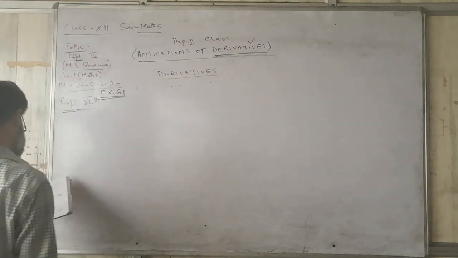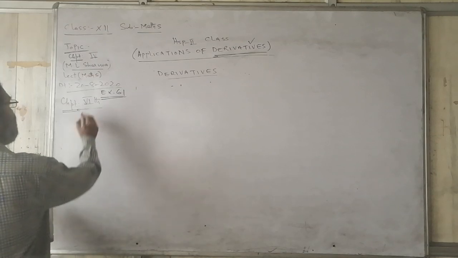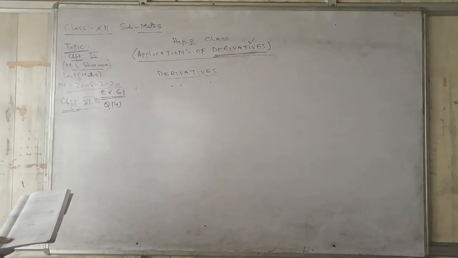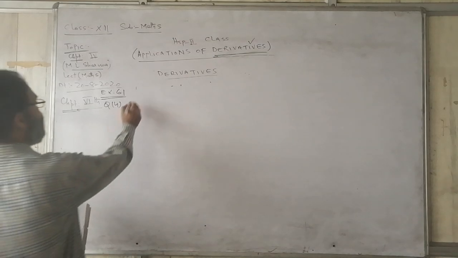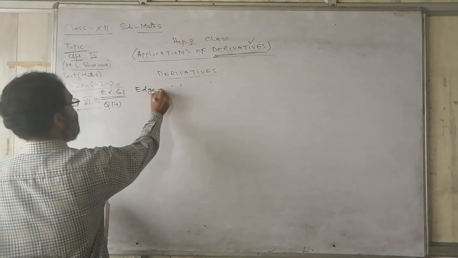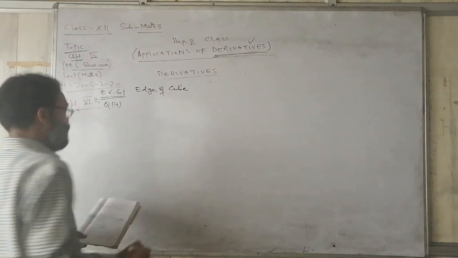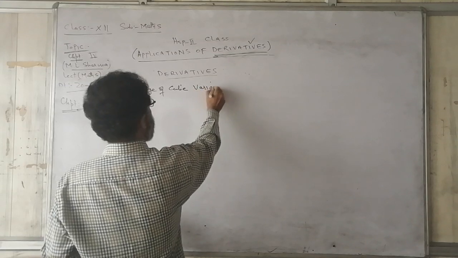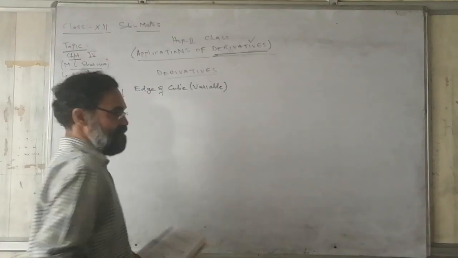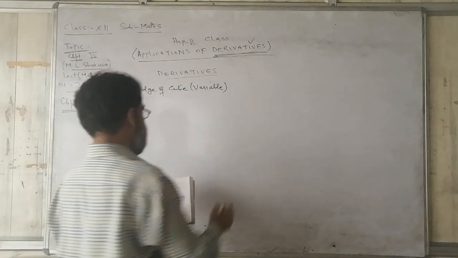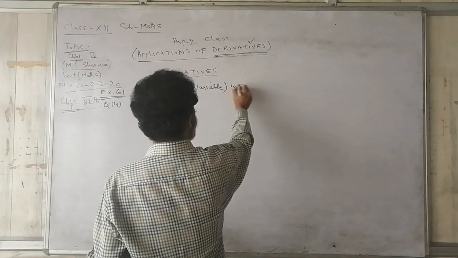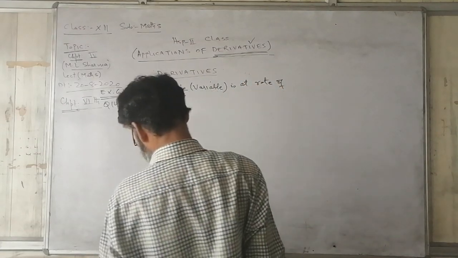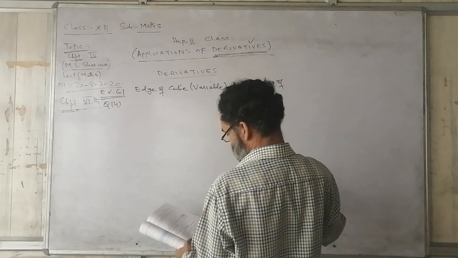Let it be the fourth one. Question says the edge of a cube is variable, means it is changing at the rate of 3 centimeter per second.